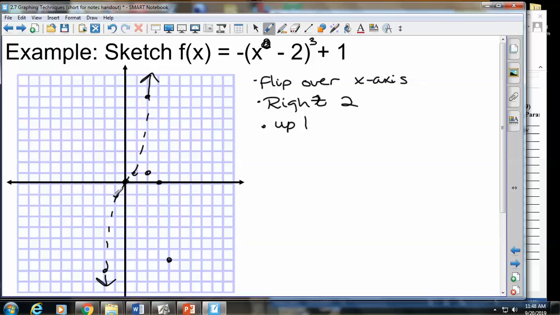Right 2 up 1. Negative 1, 1, if you flip it, it goes up here. Right 2 up 1. Negative 2, negative 8 would go to negative 2, positive 8. Right 2 up 1. Should look something like that.